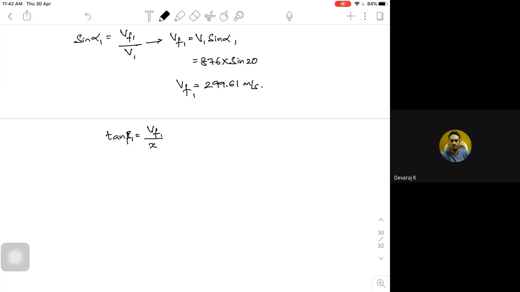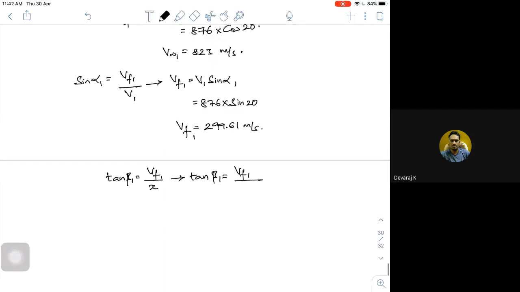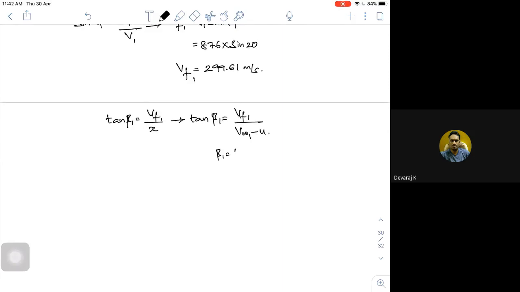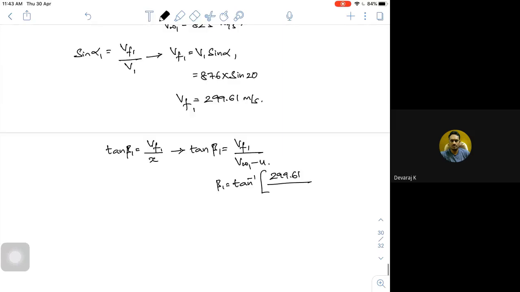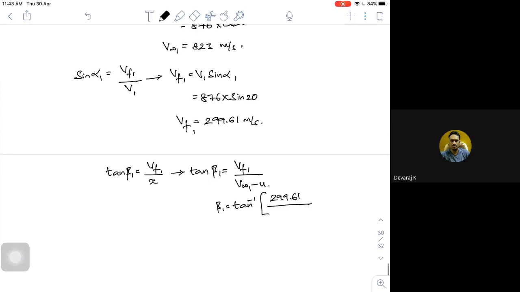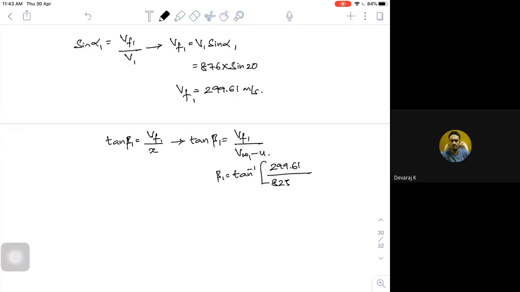Or I can write tan beta 1 is equal to VF1 divided by VW1 minus U. So beta 1 is equal to tan inverse of VF1, which is 299.61, divided by VW1, which is 823, minus your U, which is 450.